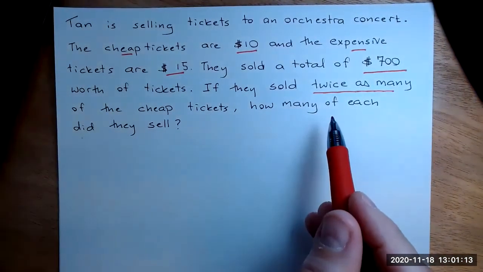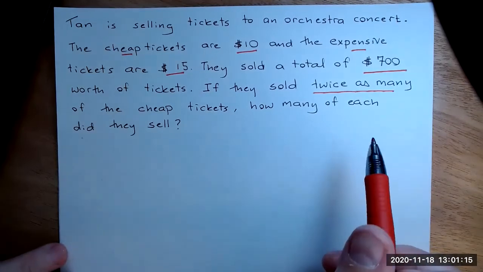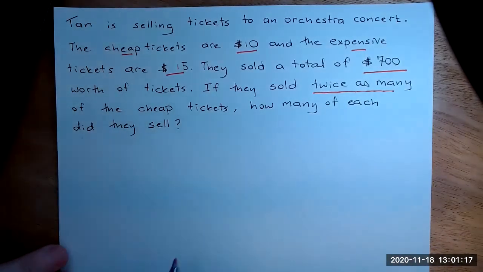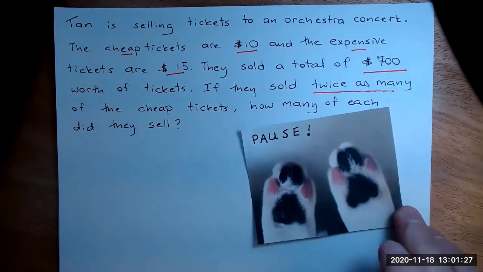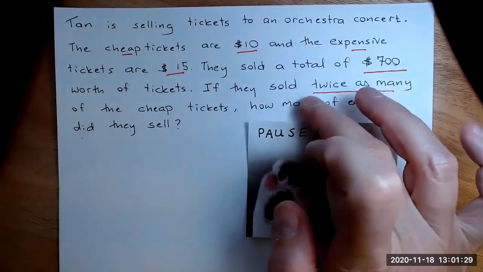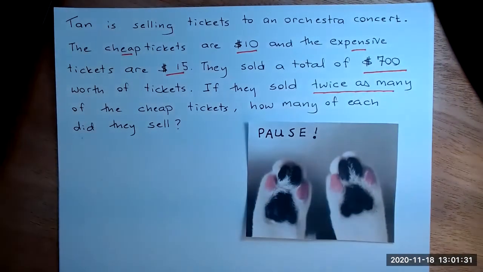How many of each did they sell? So again, we're looking for two quantities, the number of cheap tickets and the number of expensive tickets. So I would hit the pause button and decide which one is going to be x, and then write an expression for the other.